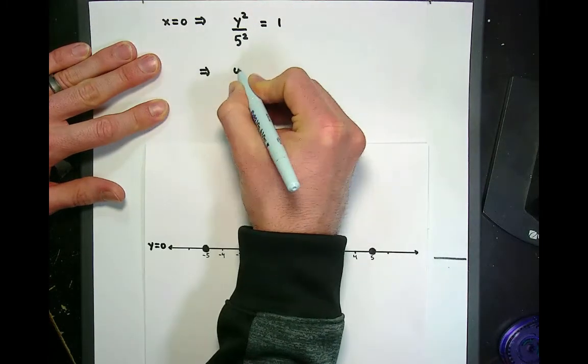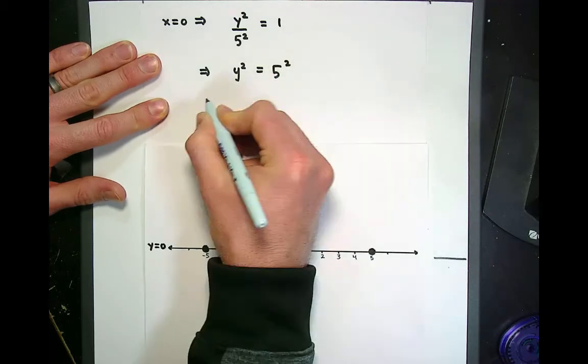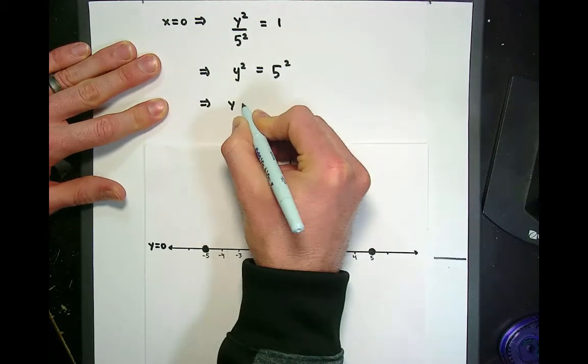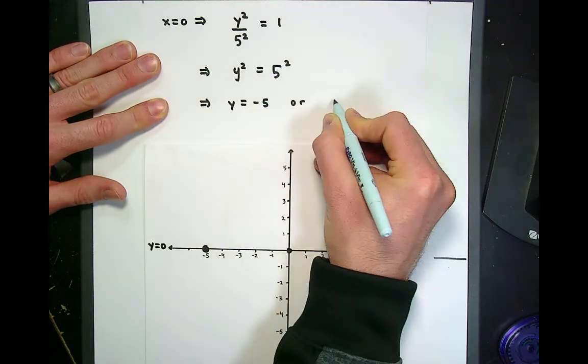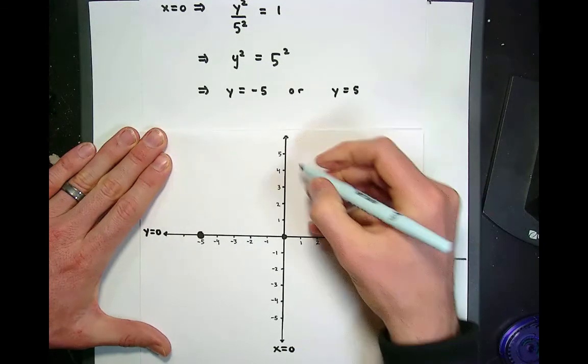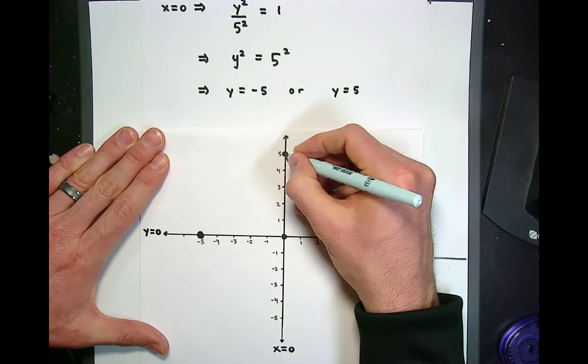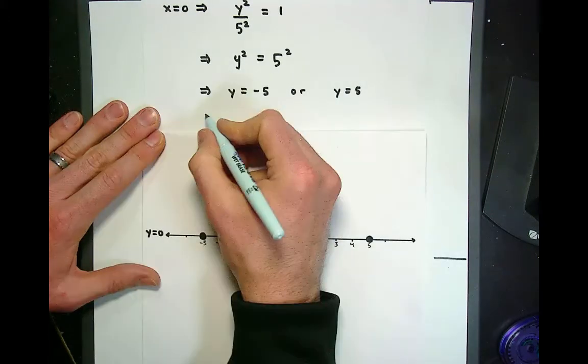We immediately see that y squared equals 5 squared yields 2 solutions by repeating the math that we just did. It yields the negative solution or the positive solution, and that means along this line we have the +5 and the -5, and each of these is an ordered pair.